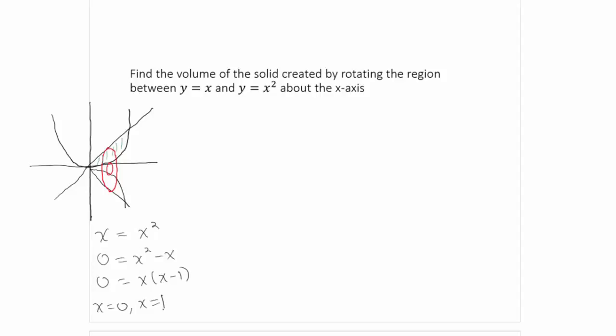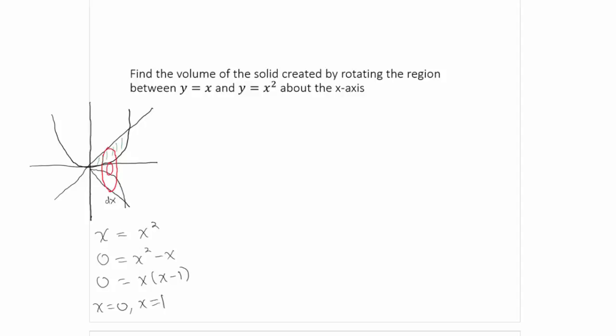All right, so now if I think about that washer, it's not a disk anymore, it's a washer. If I can think of that as a very thin washer, again, I've got the dx as the thickness, but I can't just think of a radius, I have to think of an outer radius and an inner radius. And basically what I'm going to do is find the volume of the big disk and subtract the volume of the inner disk.